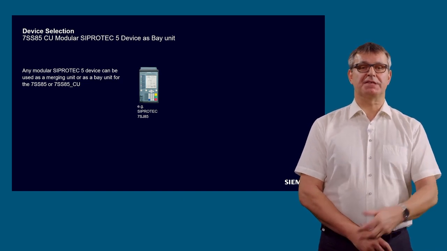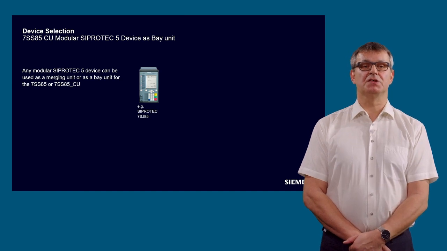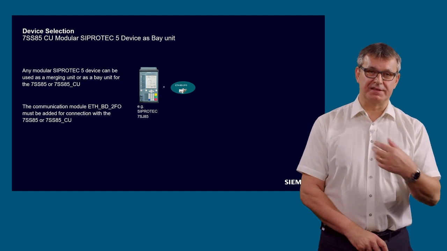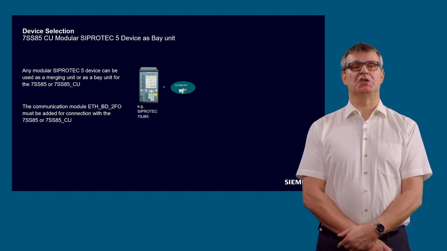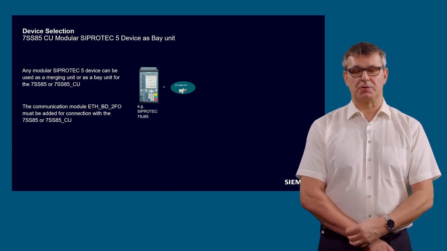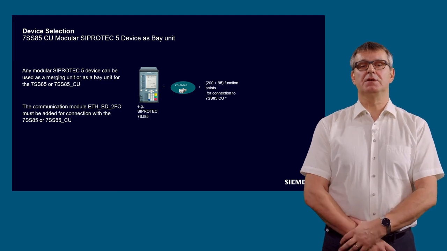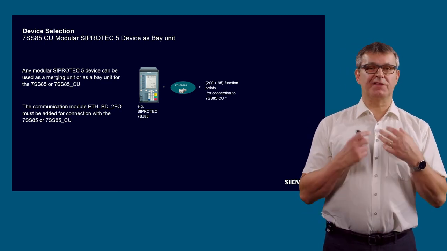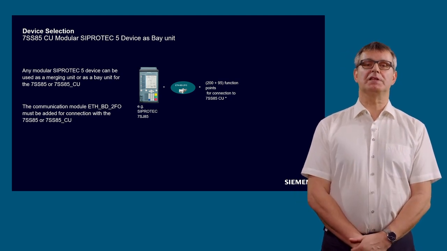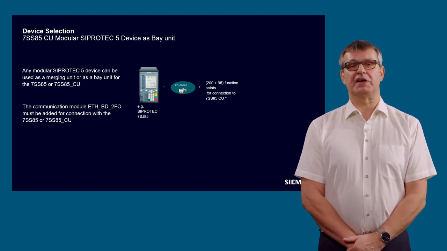Here in this example, I am using a 7SJ85. What we need, of course, is a distributed busbar protection. We need communication, and for this we add the Ethernet communication module. To activate the process bus functionality in a modular device in general, we have to pay 200 function points.